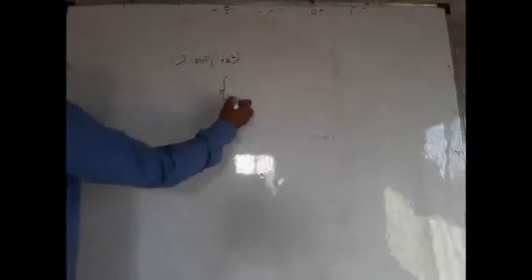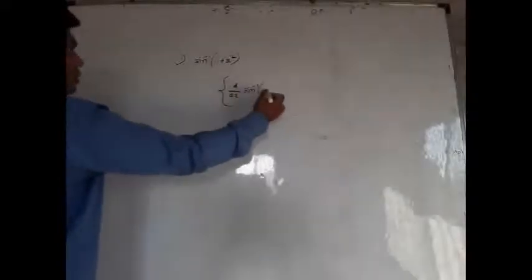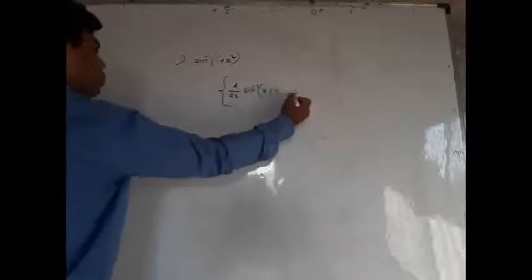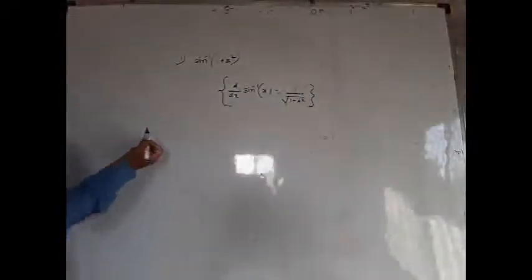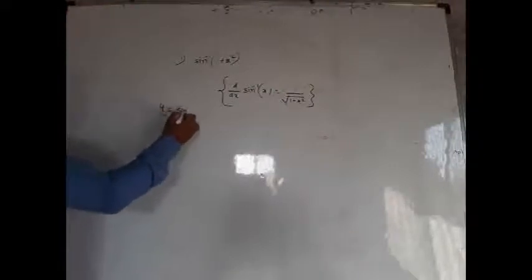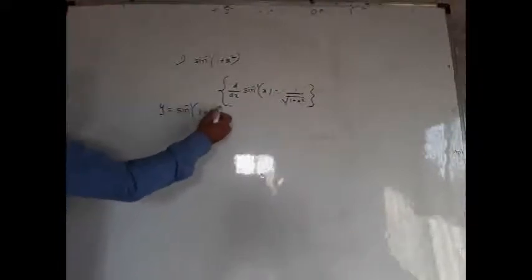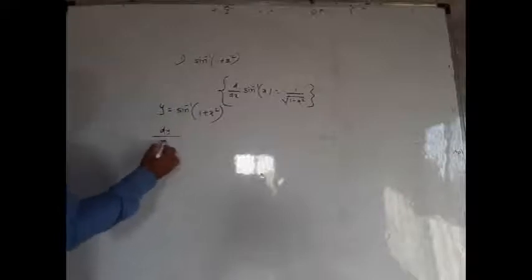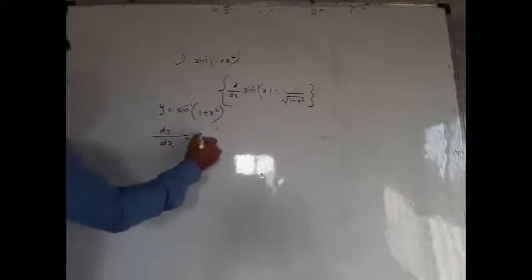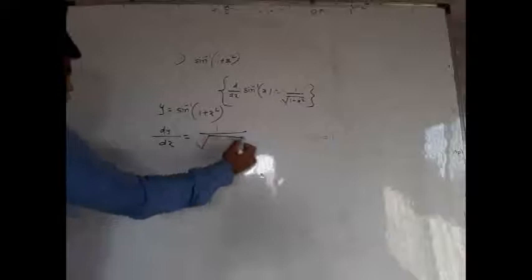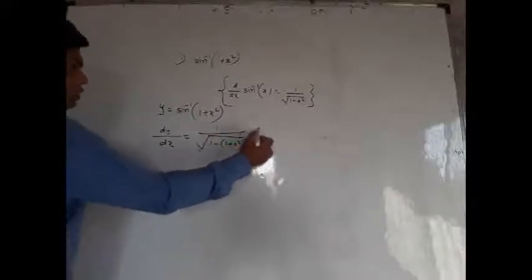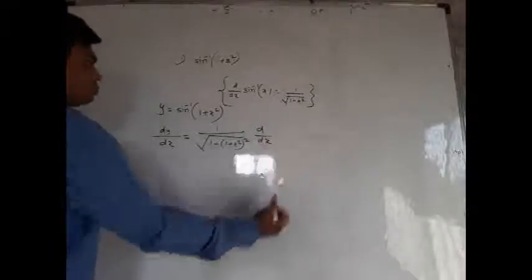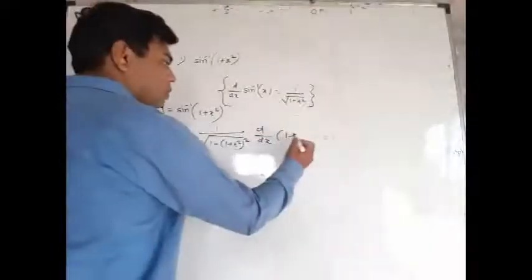Now we know the formula d/dx of sine inverse of x is 1 upon under root of 1 minus x square. Let y is equal to sine inverse of 1 plus x. Then differentiating with respect to x, we get 1 upon under root of 1 minus (1 plus x) whole square into d/dx of (1 plus x).